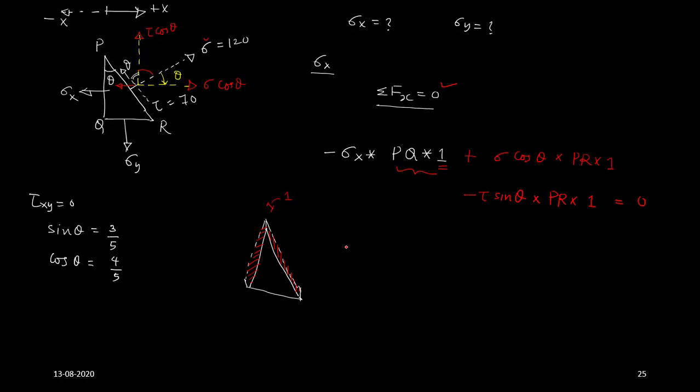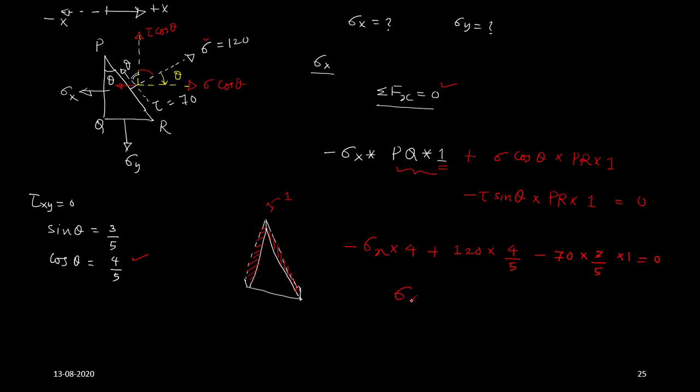So now we can substitute minus sigma x, which is unknown, into PQ, which is given as 4, plus the value of sigma, which is given as 120, multiplied with cos theta, which is 4 by 5, minus the tau, which is given as 70, multiplied with sin theta, which is 3 by 5, into 1, equal to 0.